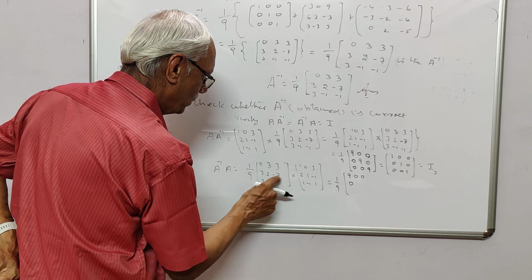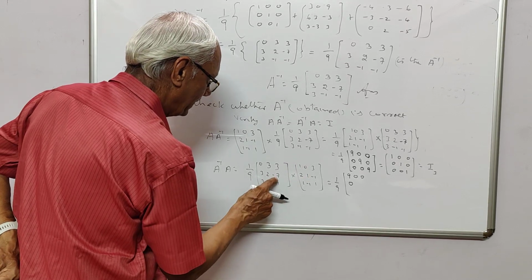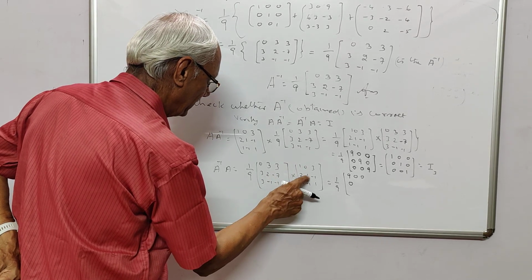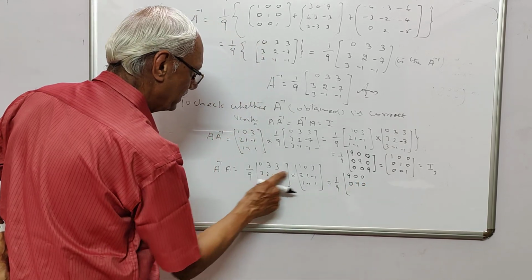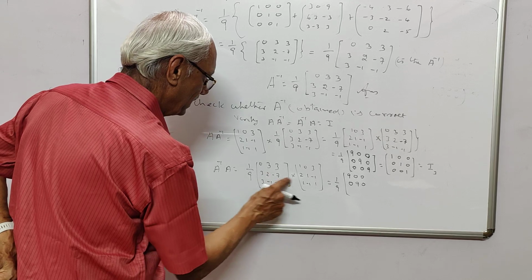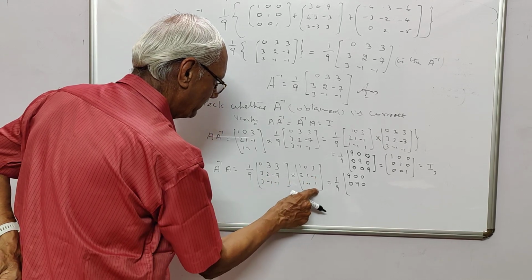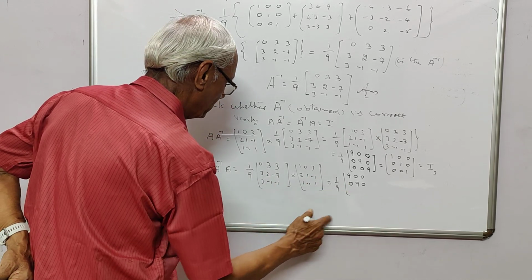3 into 0 is 0, then it is 2, then it is plus 7, it is 9. Then next is automatic, you just check it up, 3 into 3 is 9, it is minus 2, minus 7, minus 2 minus 7 is 9, so it is 0.